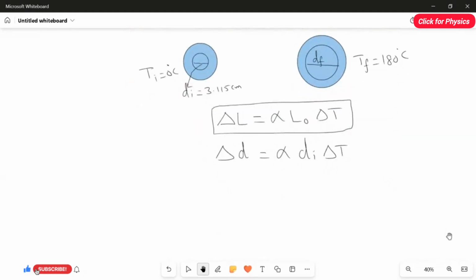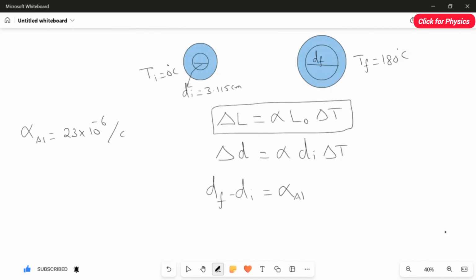Here your delta D is nothing but D final minus D initial, that means final diameter minus initial diameter, which is equal to alpha, the linear expansion coefficient of aluminum, a constant. The alpha value of aluminum is 23 multiplied by 10 power minus 6 per Celsius degree.